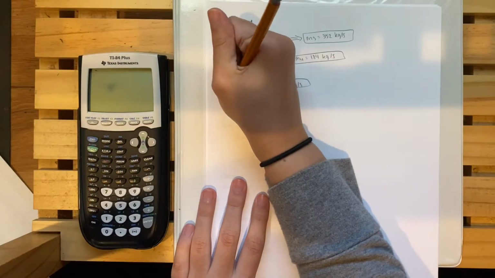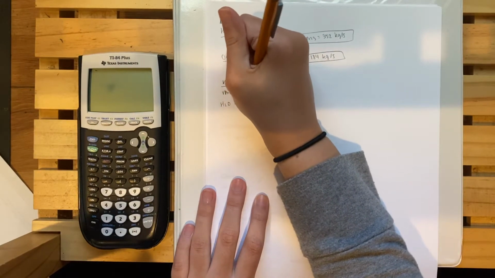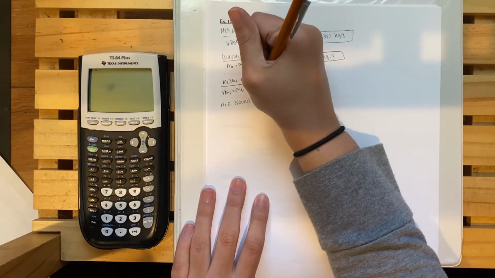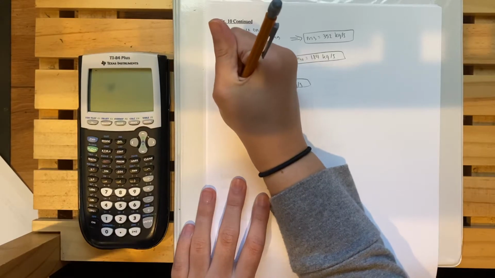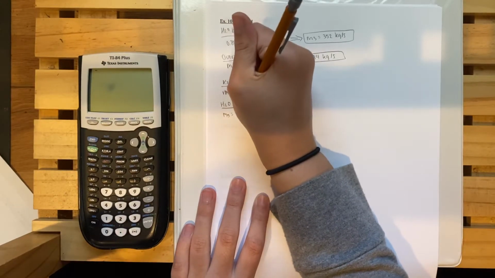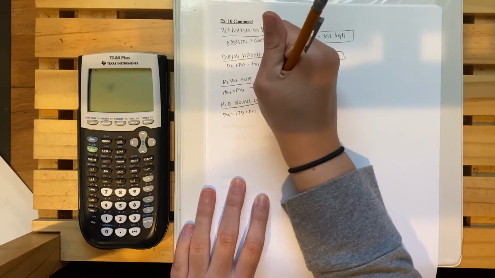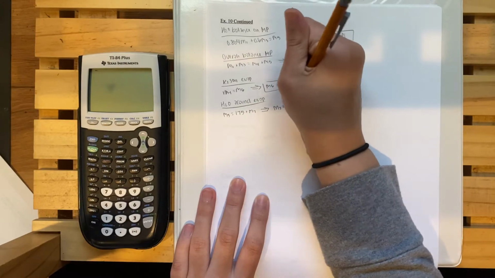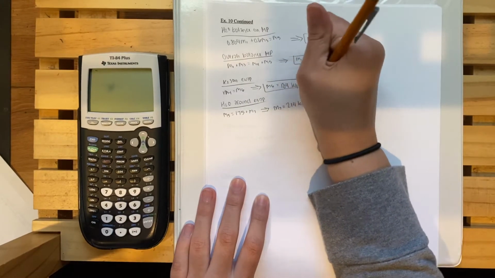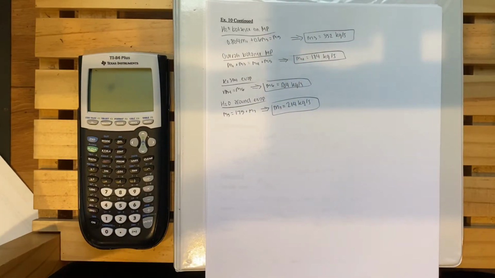H2O balance around the evaporator: M5 is equal to 175 plus M7. M7, we're going to find, is equal to 214 kilograms per second, and that's just using M5 that we found on the previous page.